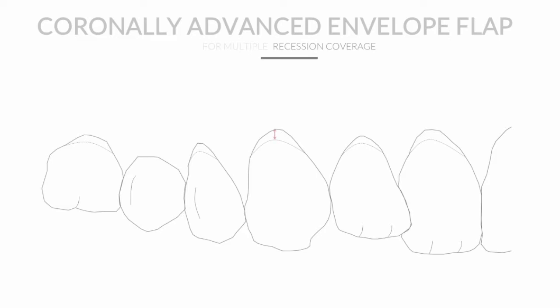Once we record this value, we can then transpose this value to this tooth's papilla's margin, measuring upward from the tip of the anatomical papilla, adding 1 millimeter. What we achieve now is the endpoint of the oblique incisions.